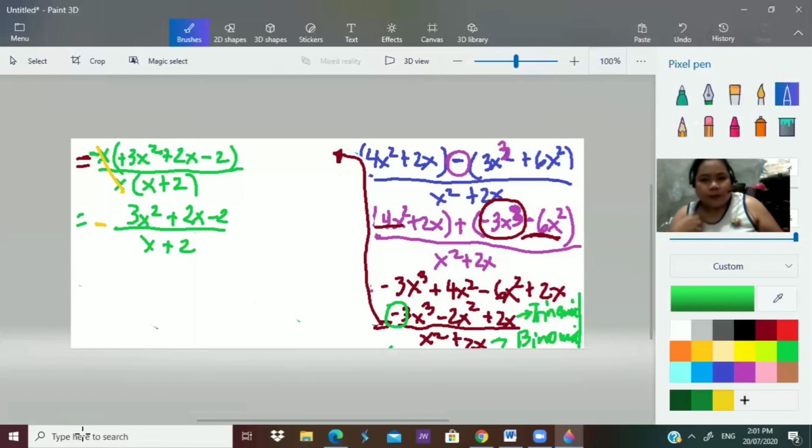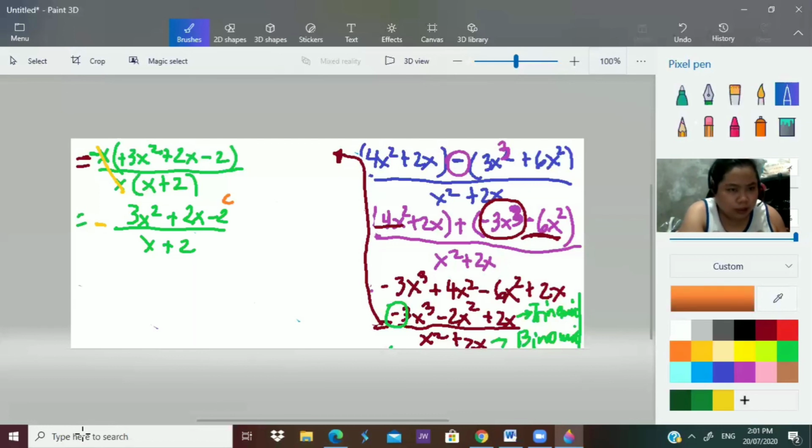Now, si denominator, alam natin hindi na mapa-factor. Pero si numerator, pwede tayong mag-try kung mapa-factor. Pwede nyo i-try kung mapa-factor siya. So obviously, this is general trinomials. Yung numerator mo is general trinomials. So magta-try tayo ng AC method.